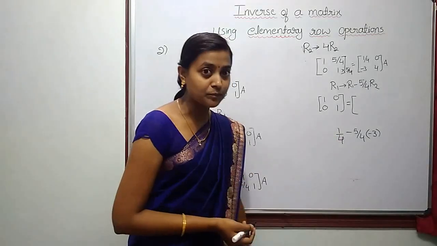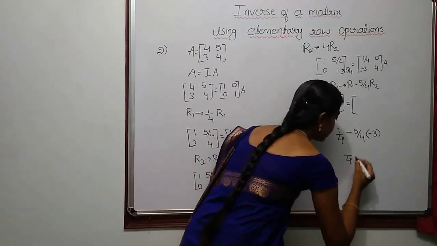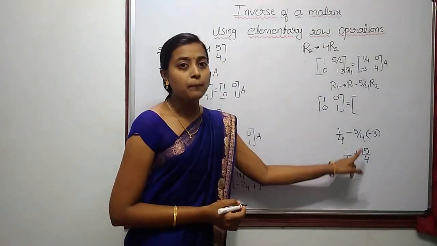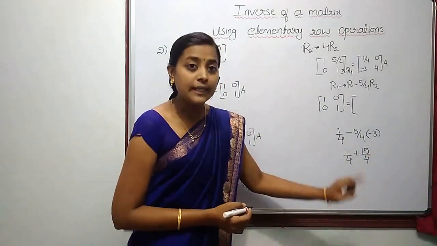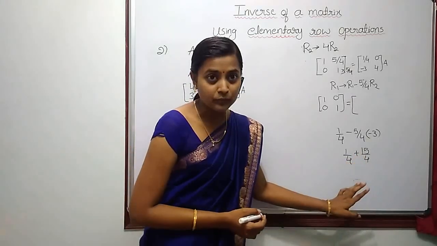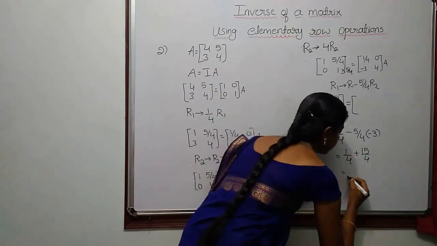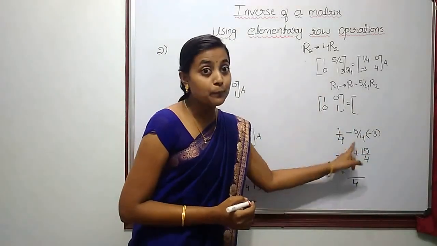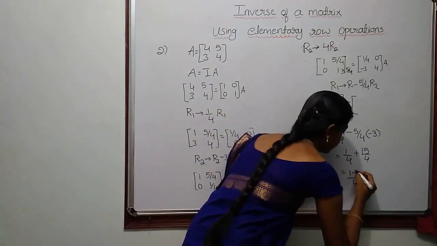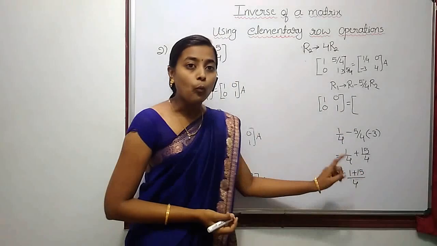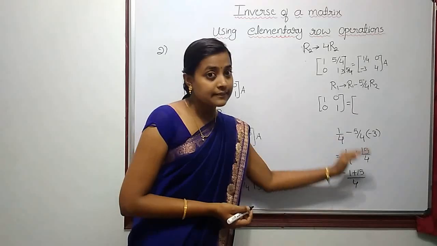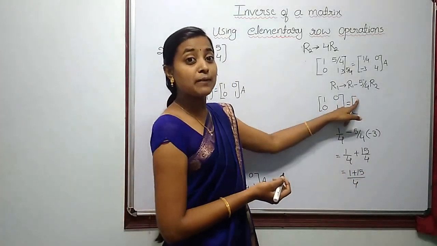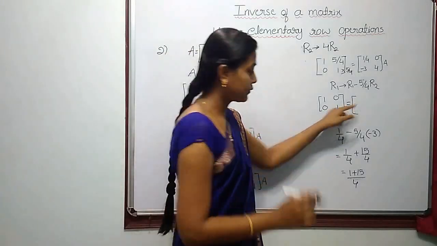So this will become 1 by 4 plus 15 by 4. Here the LCM is 4. Then the numerator will be 1 plus 15. 1 plus 15 is 16. 16 upon 4 is 4. So the first element in the RHS will become 4.